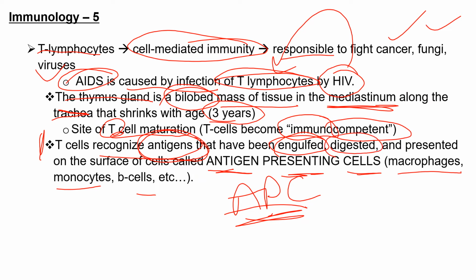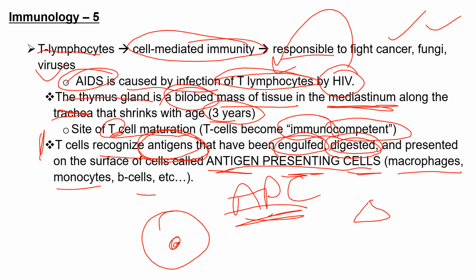They digest that larger object into little pieces that have an individual three-dimensional structure that can be recognized, and these little pieces are called antigens.